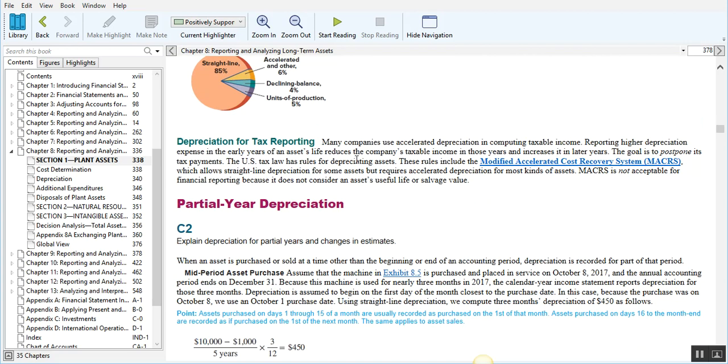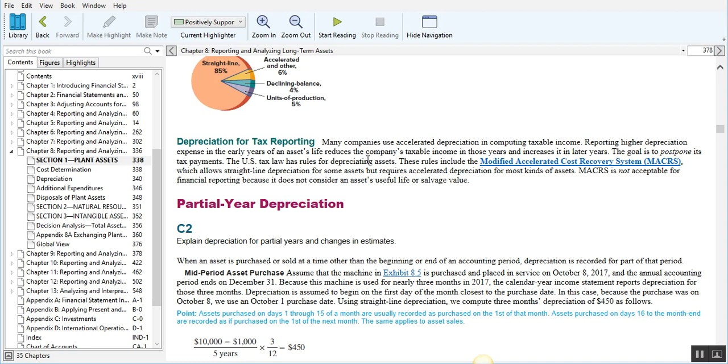Now, if you go to the IRS and you file your tax return, you will not be able to use the depreciation methods that we've just highlighted. When you look at these depreciation methods, straight line, units of production, double declining balance, the IRS does not allow that. They have their own system called the Modified Accelerated Cost Recovery System.